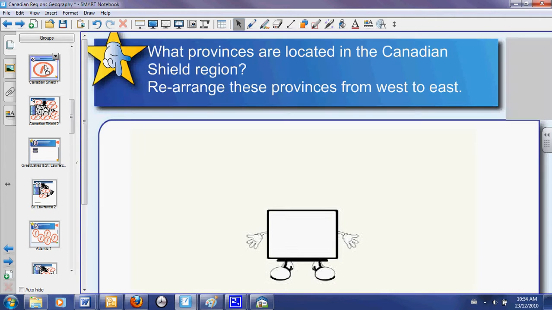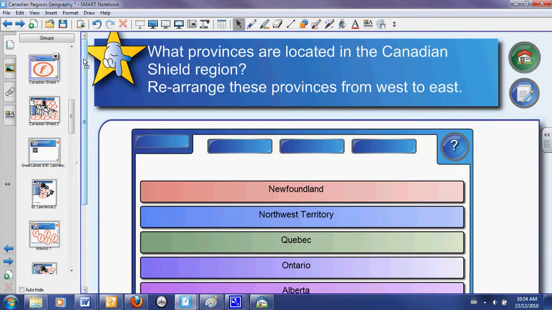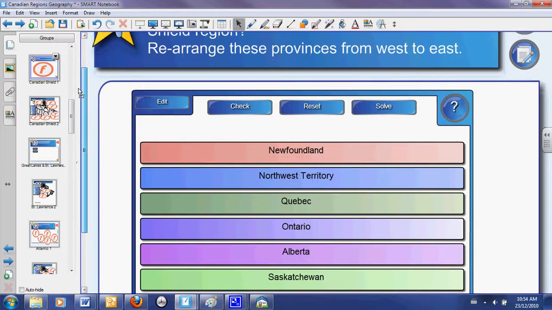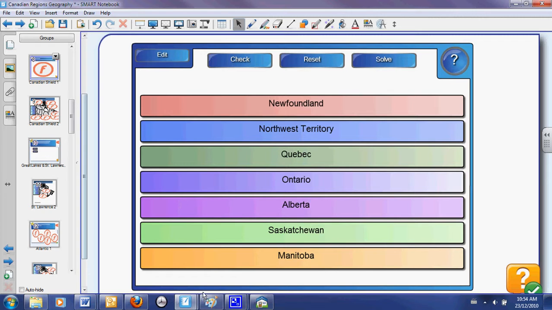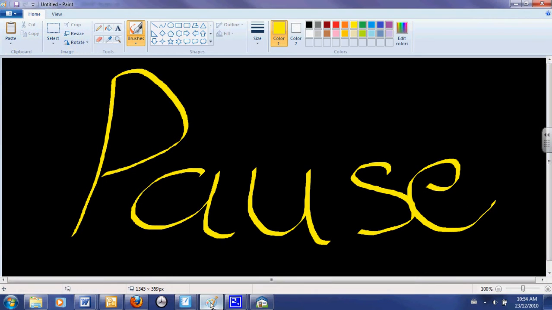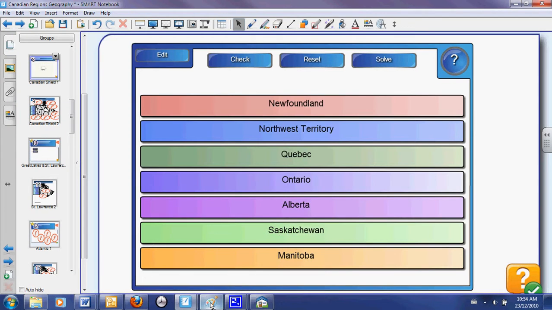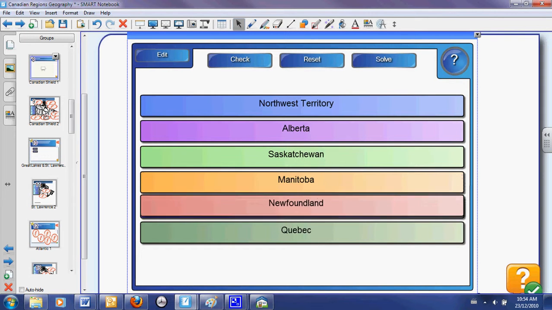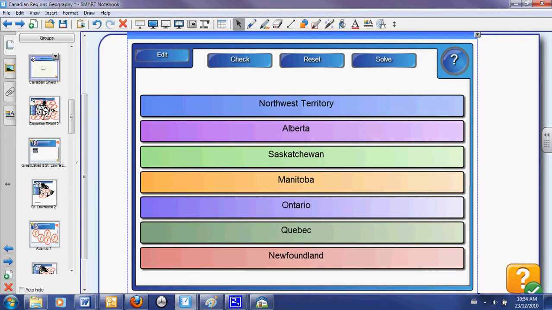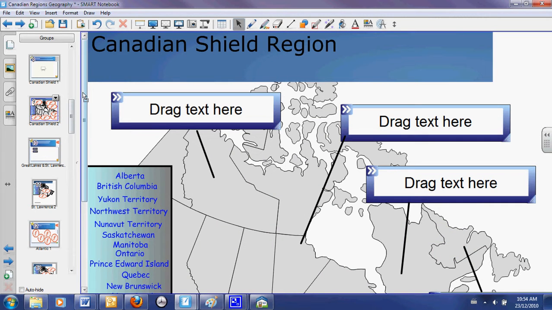The next frame is asking us about the Canadian Shield, and it wants us to arrange these provinces from west to east. Again, another mapping question. Now this is pertaining to the Canadian Shield.